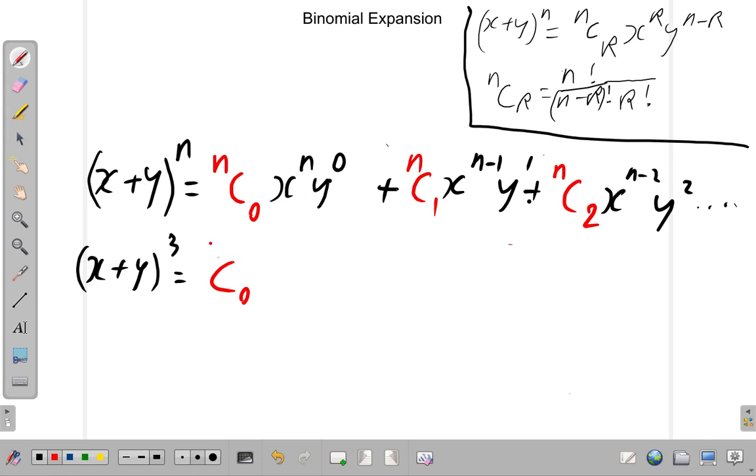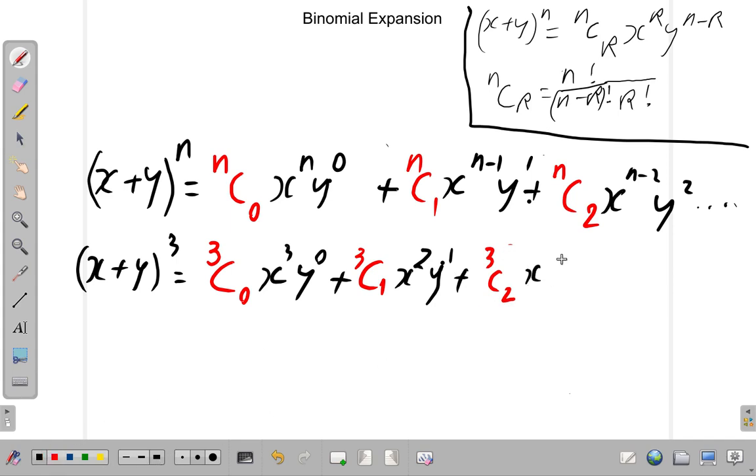So I might as well just write 3C0, x to the 3, y to the 0, plus 3C1, x to the 2, y to the 1, plus 3C2, x to the 1, y to the 2, plus 3C3, x to the 0, y to the 3.